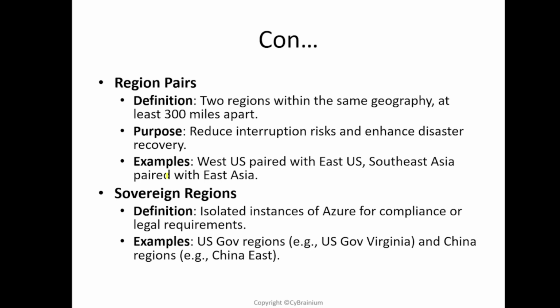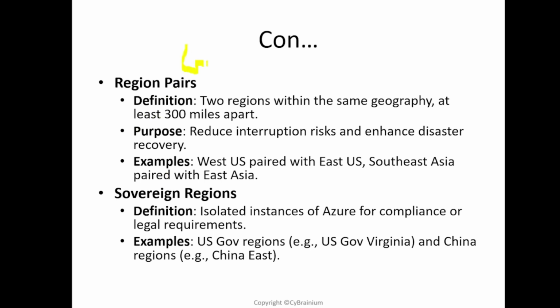Why do we do this region pairing, connecting South India to Central India? Because, let's say in Central India some disaster happens, all this data should be available in South India, that is the Chennai part. So this is what region pairs are.